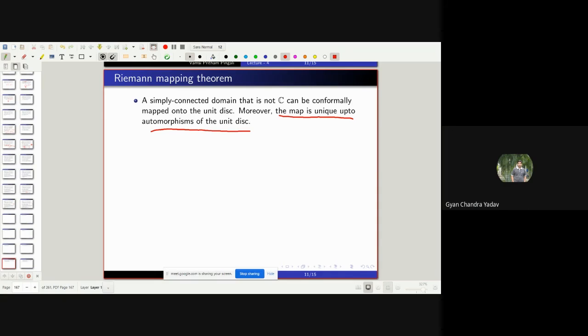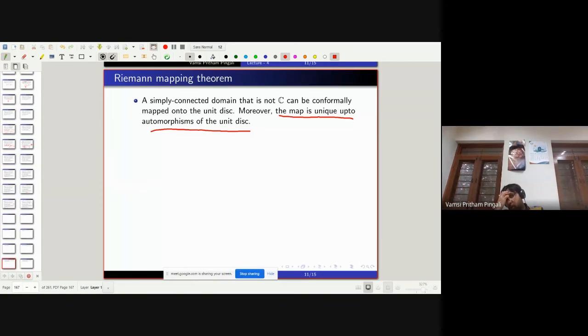So if you take an automorphism from unit disk to itself and compose it with that map, then that will be another map from simply connected domain to unit disk. That is correct, but that is a very trivial fact, right? That is not what this is saying. This is saying that if you give me any other map from the simply connected domain to the unit disk, that arises by this construction, by composing it with an automorphism of the unit disk.